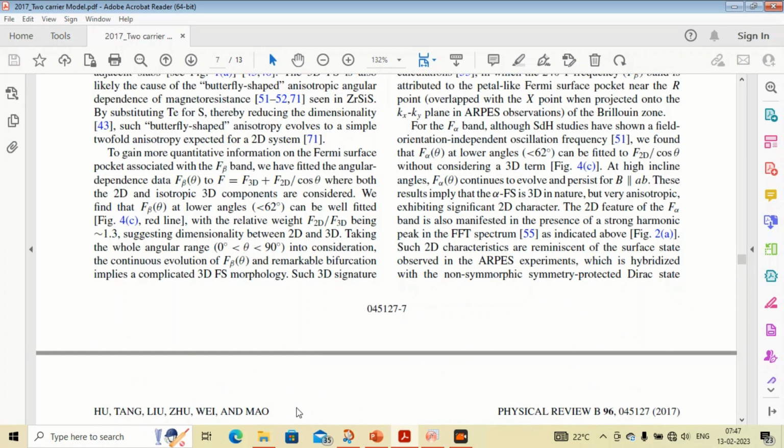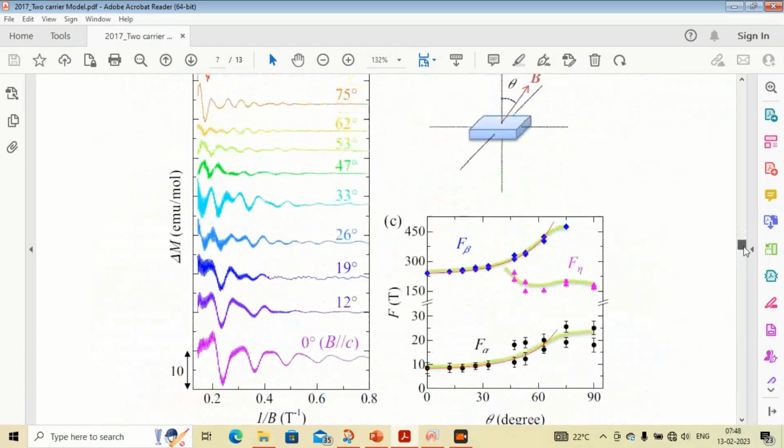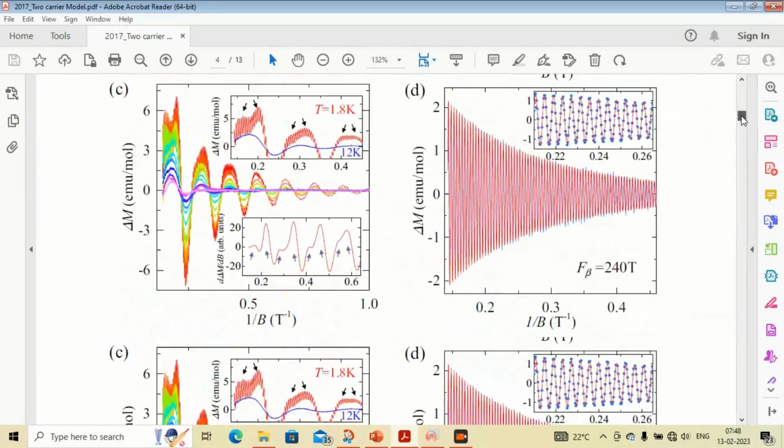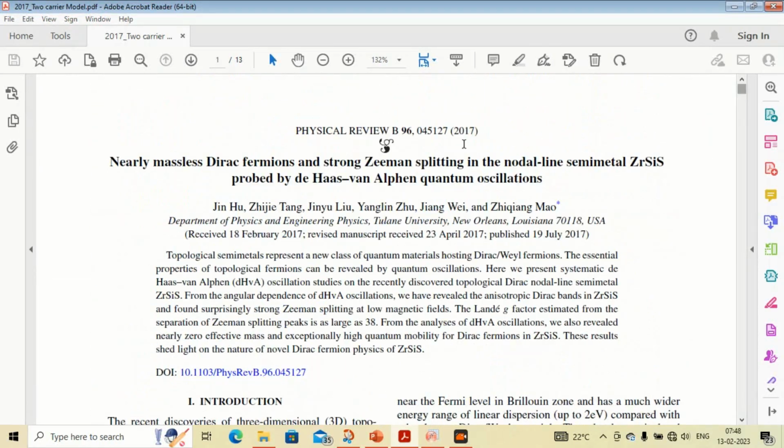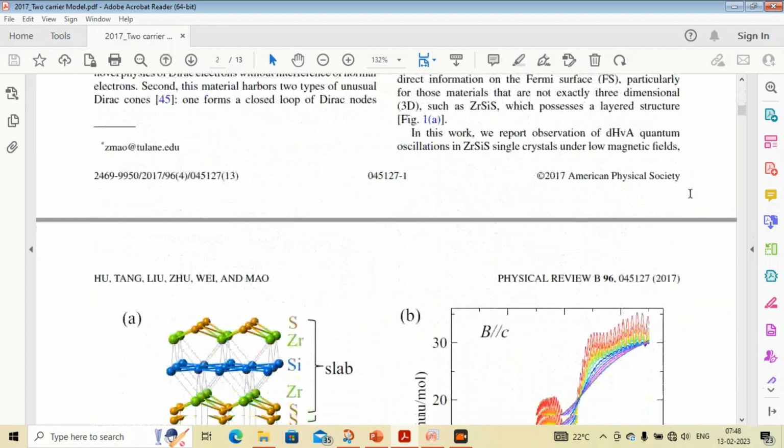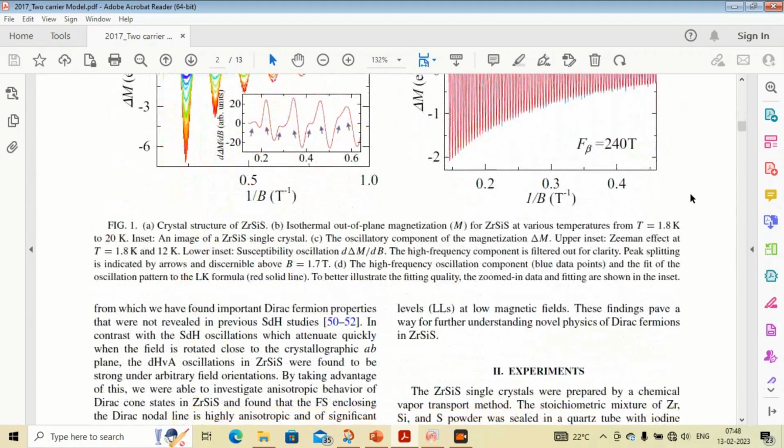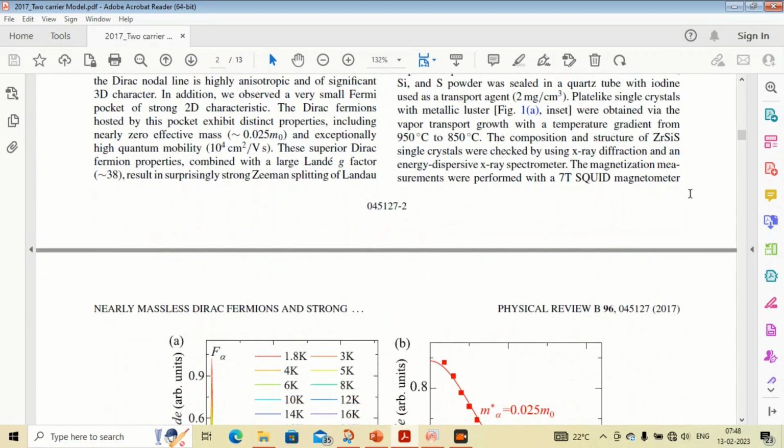Sometimes more than one carrier is involved in transport. Then we have to apply a two carrier transport model. So this is a paper for JEDAR SIS, in which a two carrier transport model was applied. And for similar kinds of analysis, we should know how to fit two curves simultaneously.